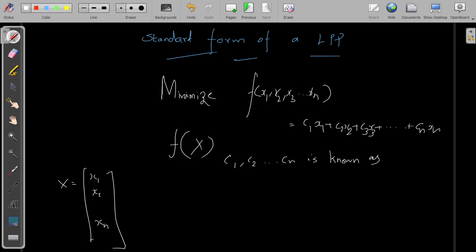Now we have the constraints. Subject to the constraints: a11 x1 plus a12 x2 plus etc. plus a1n xn equal to b1.